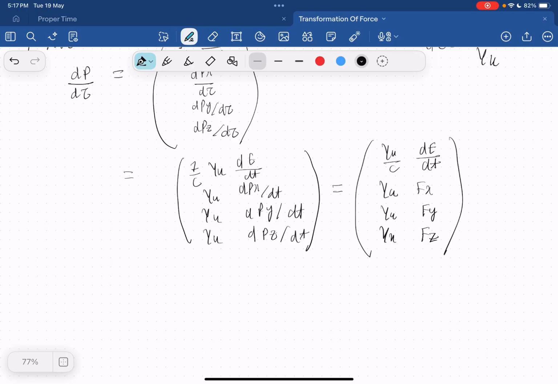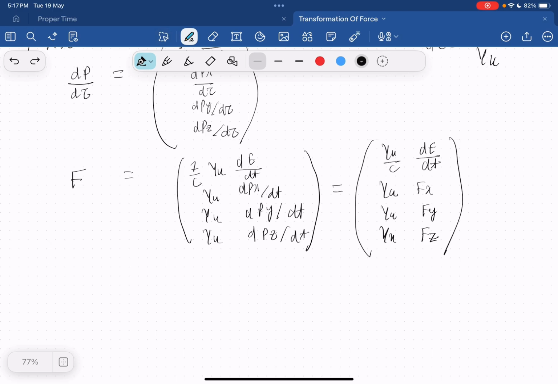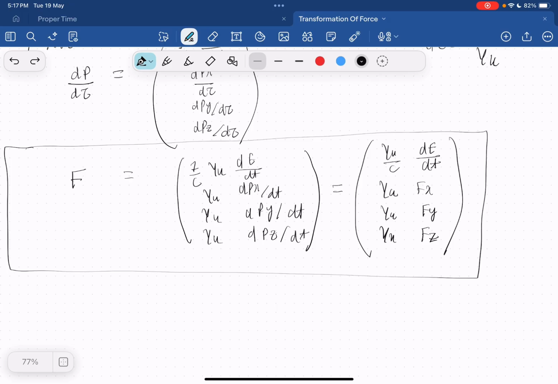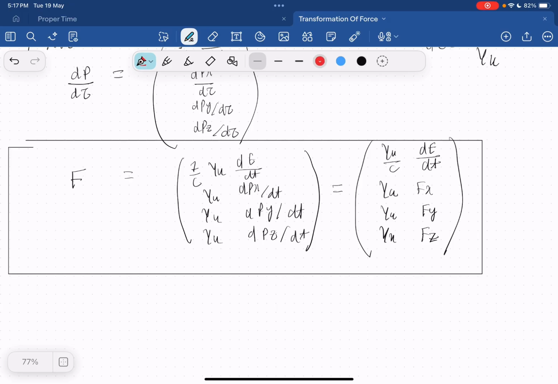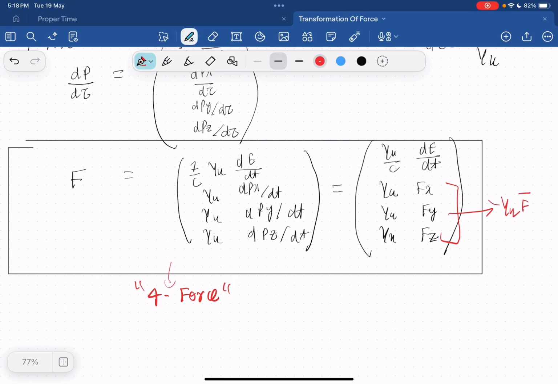So this particular thing is your so-called four force, whose first component gives you the rate of change of energy, and the remaining three components give you gamma u f.